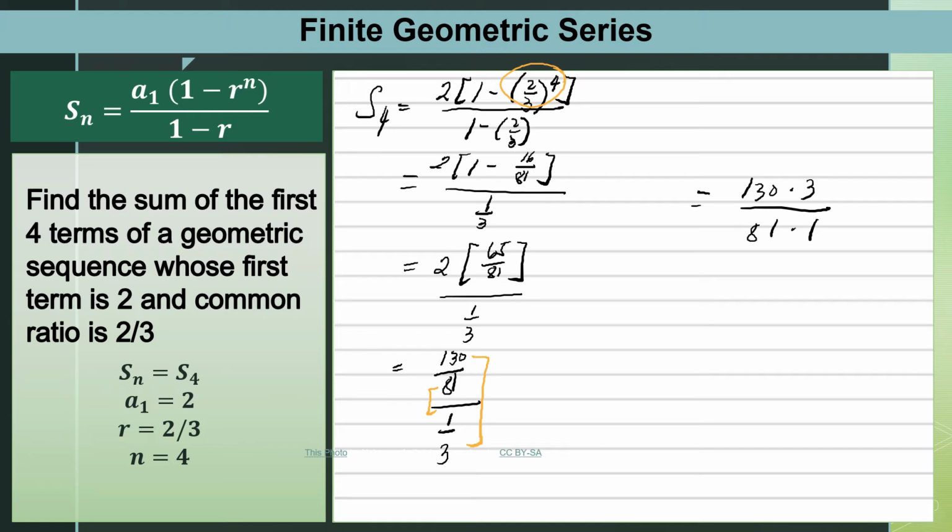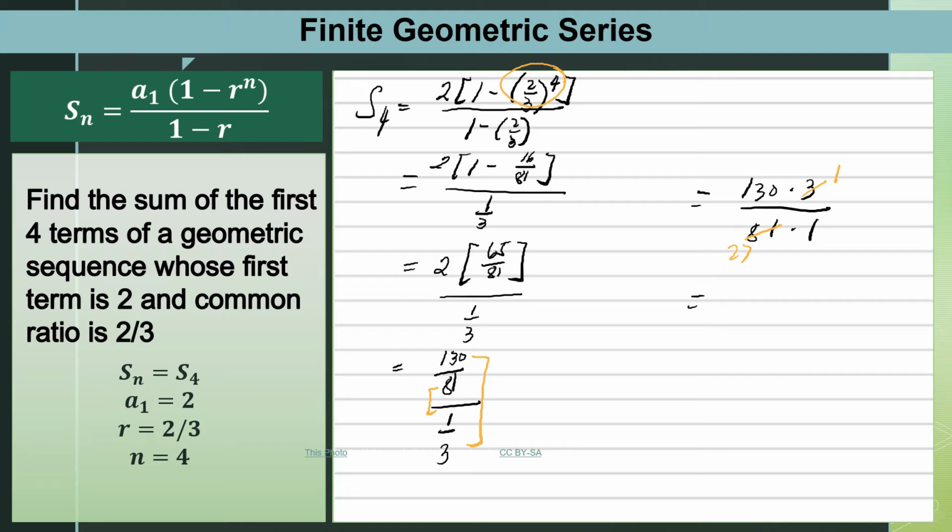Bago tayo mag-multiply, check muna natin kung meron silang common factor para mas madaling mag-simplify. Dahil si 3 at si 81 ay parehong divisible by 3, wherein 3 divided by 3 is 1 at 81 divided by 3 is 27, pwede na tayo mag-simplify agad.